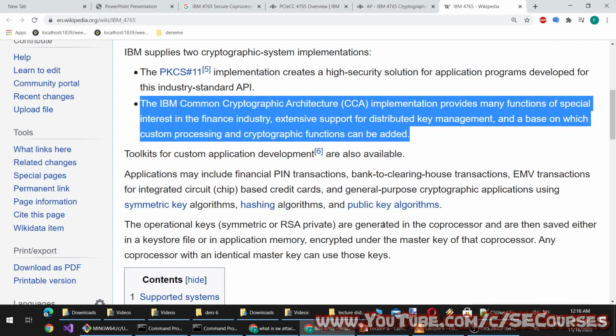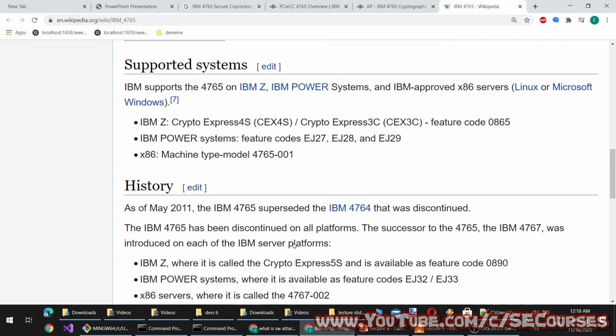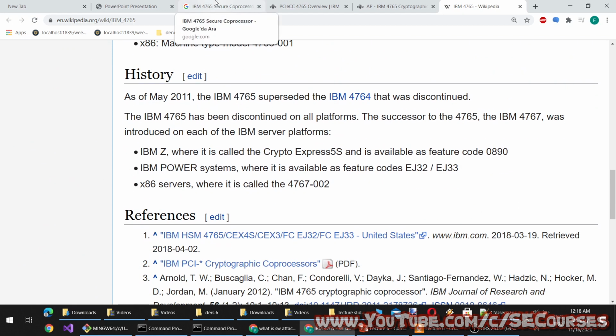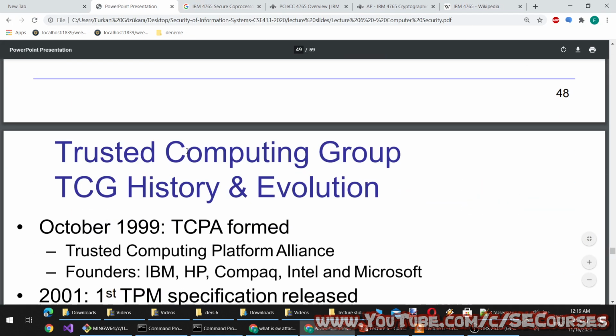The IBM Common Cryptographic Architecture (CCA) implementation provides many functions of special interest in the finance industry, extensive support for distributed key management, and a base on which custom processing and cryptographic functions can be added. Okay.